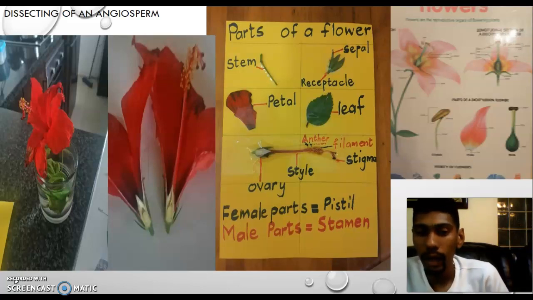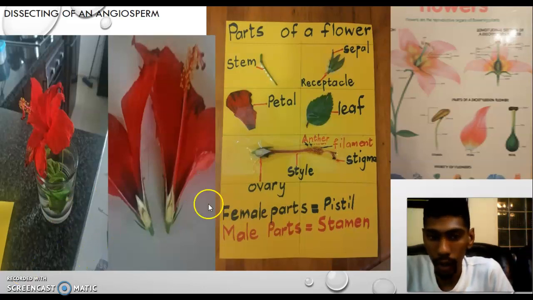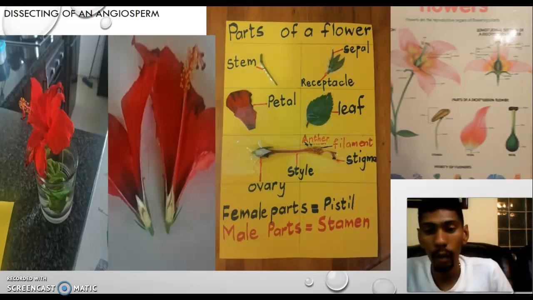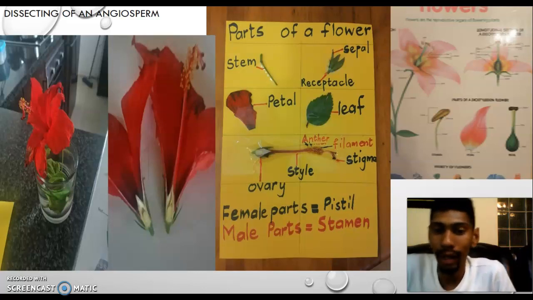The stigma is the pollen-receiving piece of the plant that sits on the head. Then we have the style, which is a tube-like part of the plant where the pollen normally travels through to get into the ovary. And then the last part is the ovary. This is where the fertilization takes place.